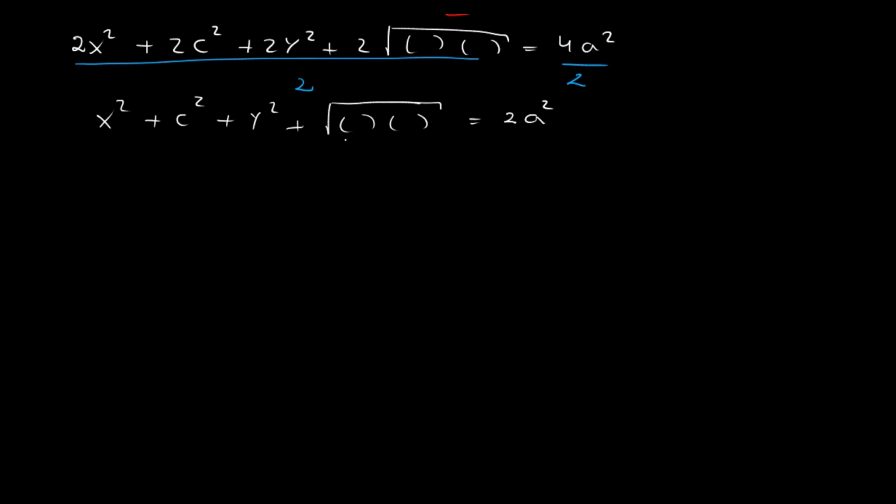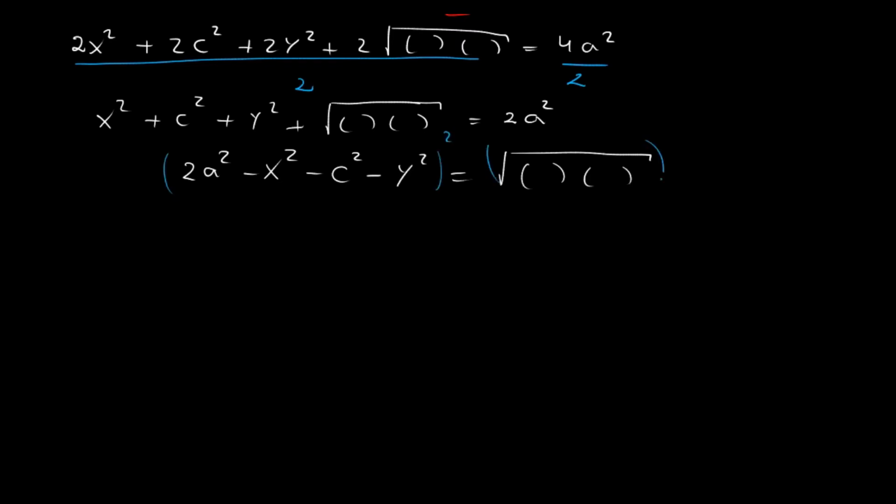And now we're going to isolate the square root. So we're going to have that 2a squared minus x squared minus c squared minus y squared is equal to the square root of this product. And now we'll square each side again, so the square root is going to cancel. And before operating here, I'm going to write it differently.